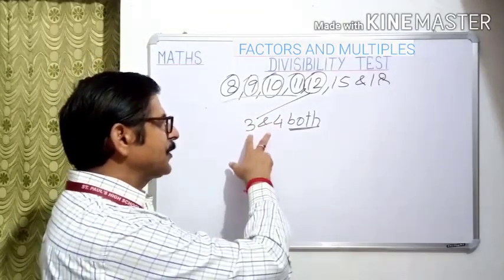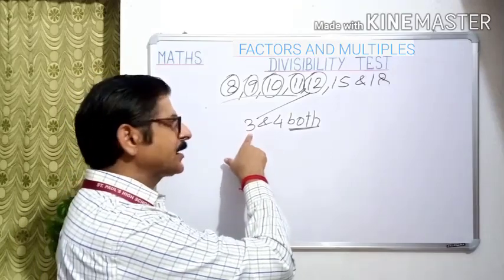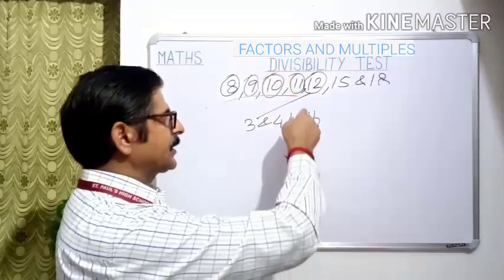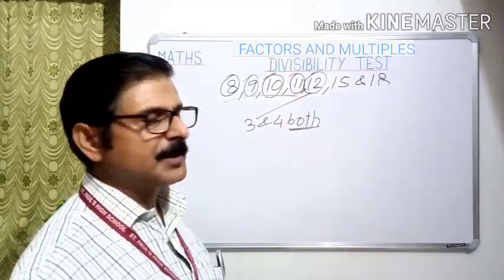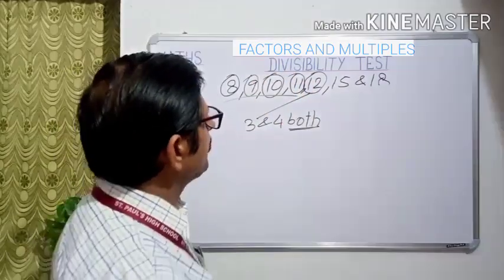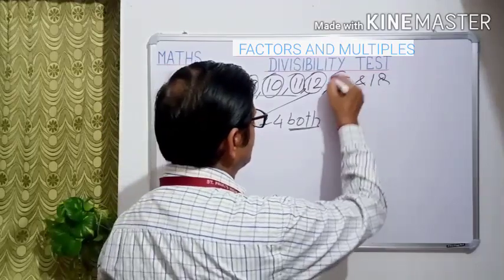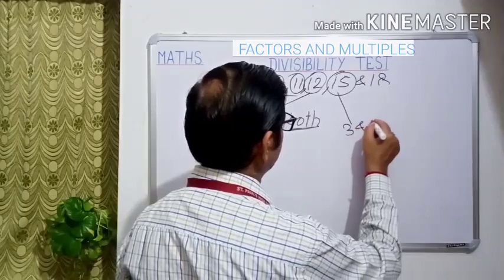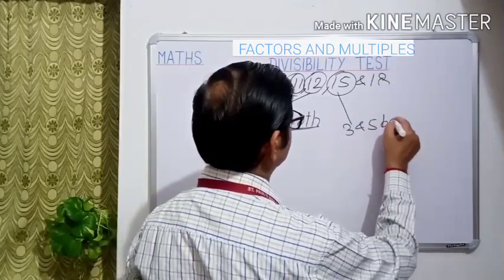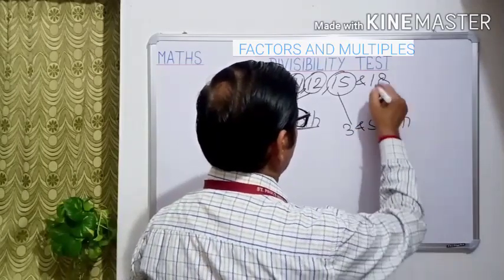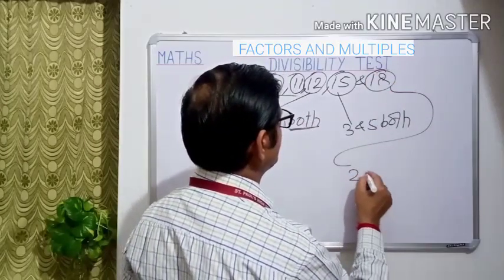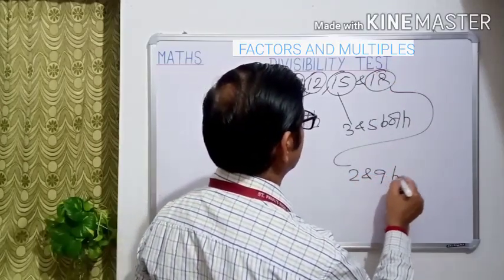So, just if you know the divisibility test by 3 and 4, you can very well ascertain whether the number is going to be divisible by 12 or not. For 15, a number is divisible by 15 if it is divisible by 3 and 5 both. And a number is divisible by 18 if it is divisible by 2 and 9 both.